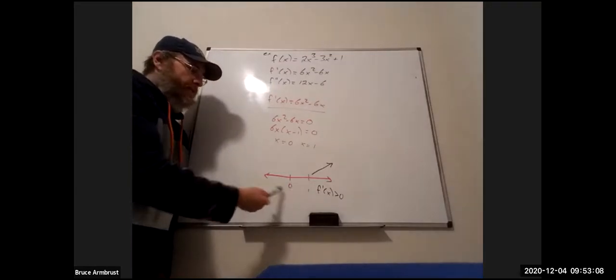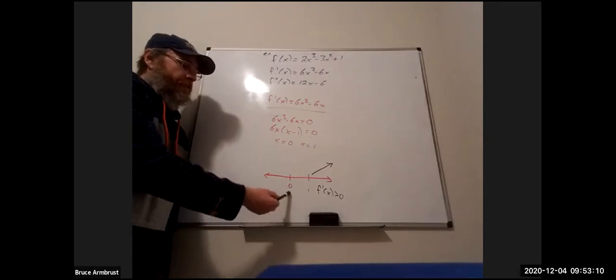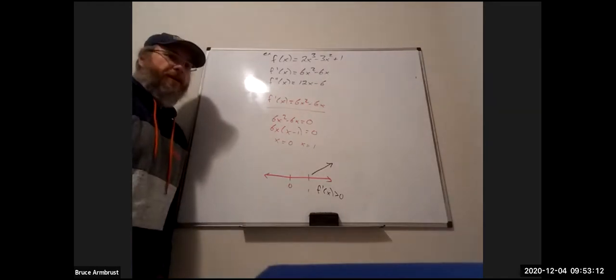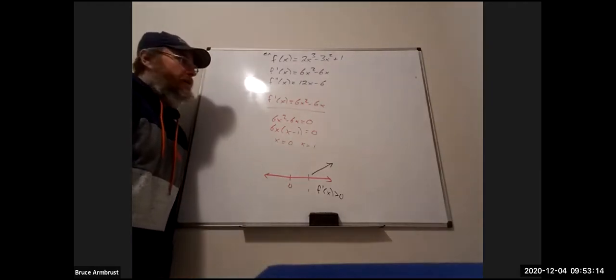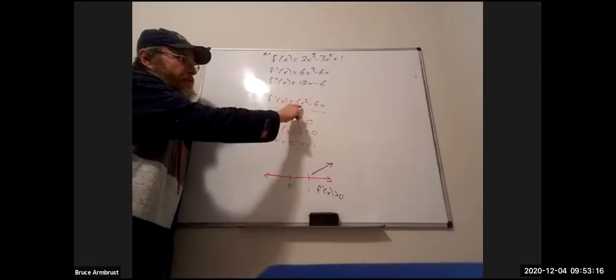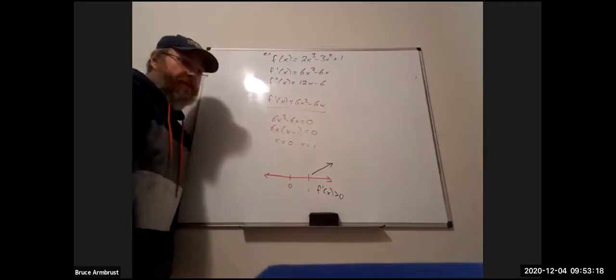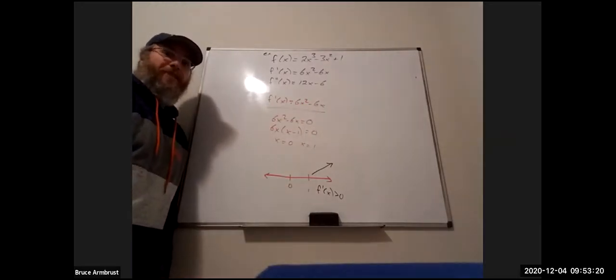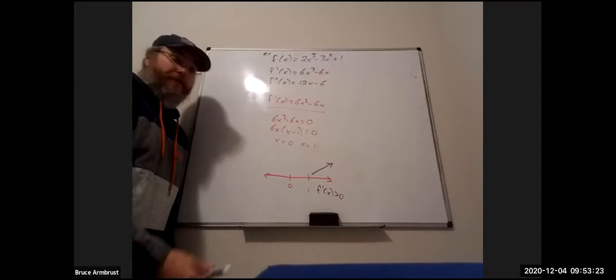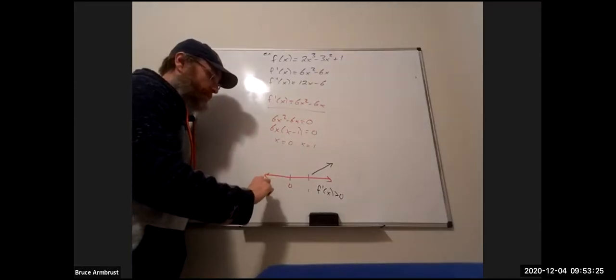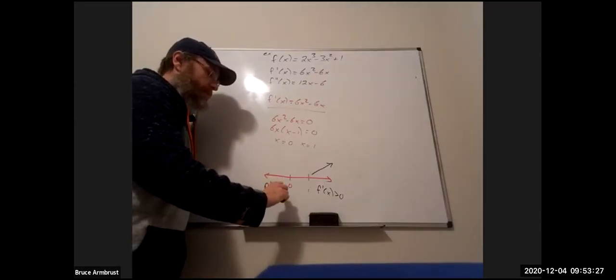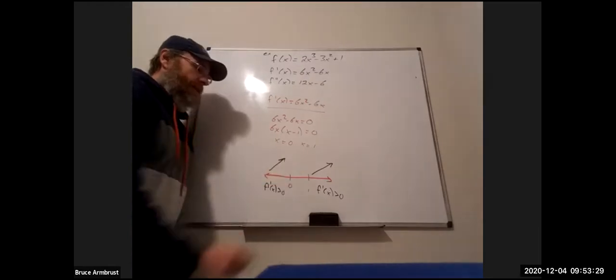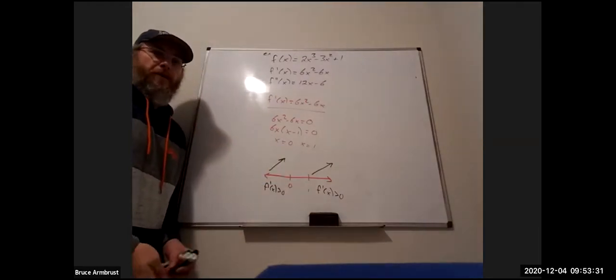Okay, so let's do the same thing for the other intervals. Plug in your favorite number less than 0. I'm going to plug in -10. That's going to give me 600 plus 60. So I get 660. It's a positive number. So again, f prime of x is greater than 0. So I know that it's increasing over there.